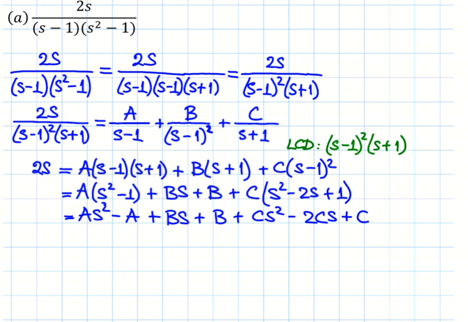Now combine like terms. For s squared, we have A s squared and C s squared, so we have A plus C times s squared. And for s, we have Bs minus 2Cs.